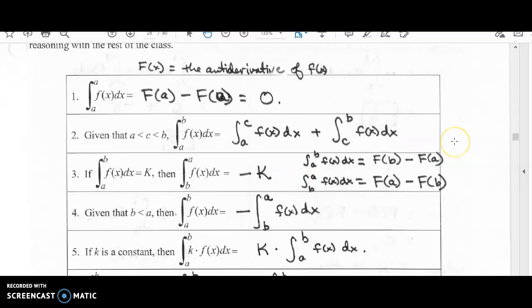So as I scroll down, what he points out is if you think about this as a Riemann sum, if some c value is in between a and b, then you can add two separate integrals together to have something that's equivalent. I've also seen students put a diagonal line.